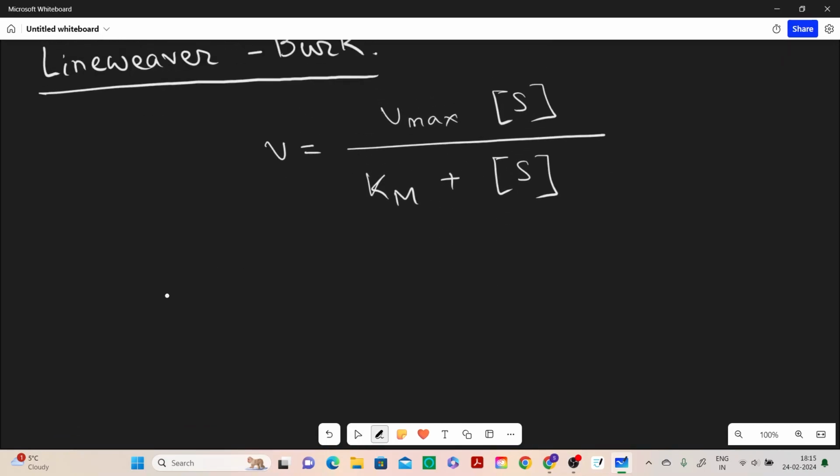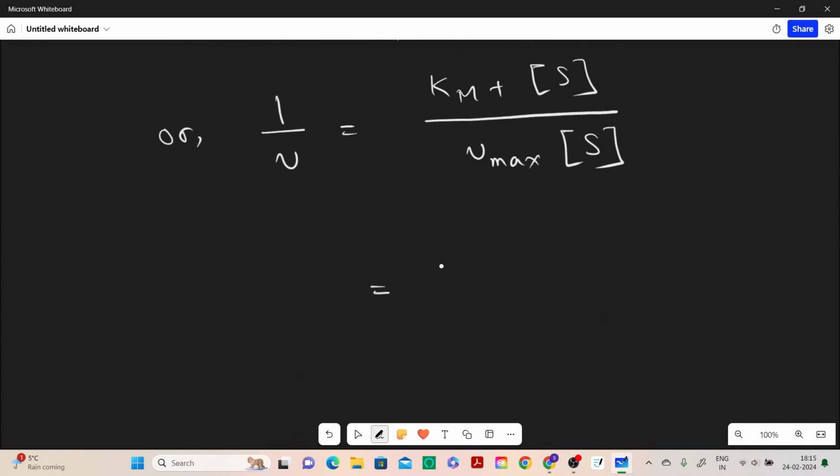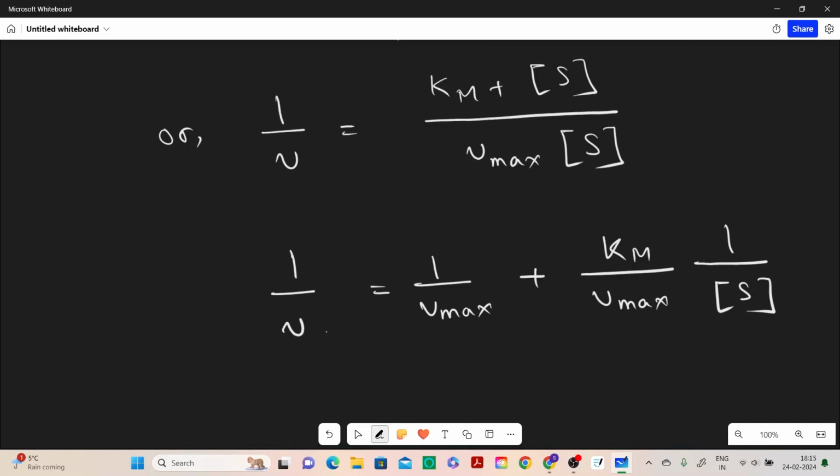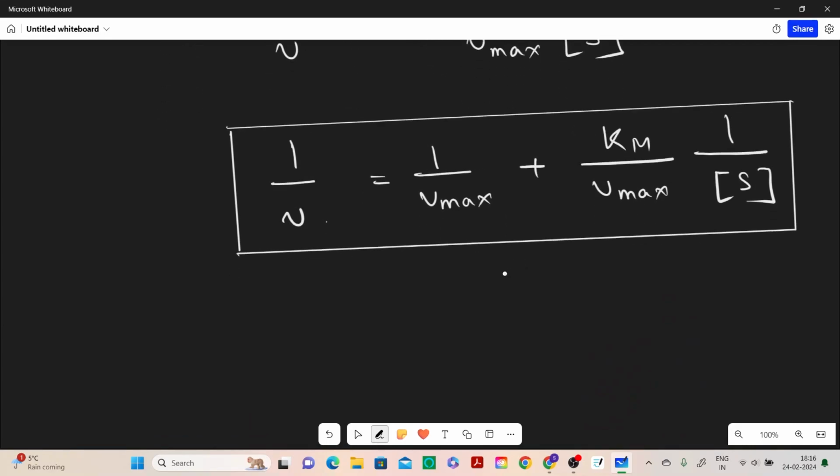We will just take a reciprocal, or 1 by V is equal to Km plus S divided by V max into S, which is equal to 1 by V max plus Km by V max into 1 by S. This is the Lineweaver-Burk equation that we can easily use to identify Vmax, Km, etc.